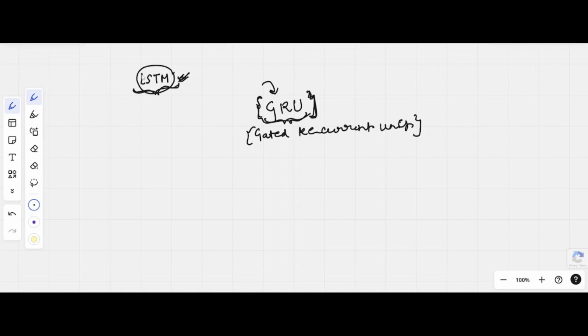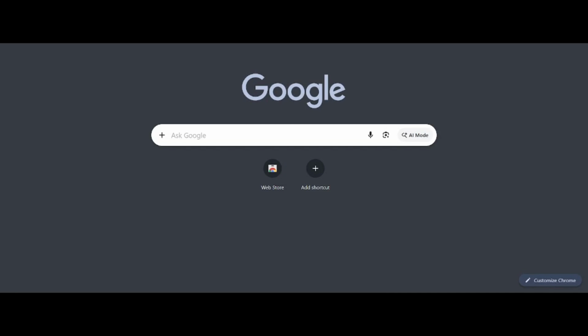And as I promised in the LSTM video, and I think it really helped you this time also, I'm promising you that if you watch this video end to end, then all your doubts around GRU will be cleared, and however complex its architecture may look, by the end of this video everything will become simpler. So let me just paste the GRU's architecture from the internet.